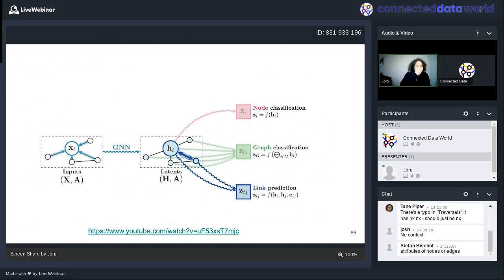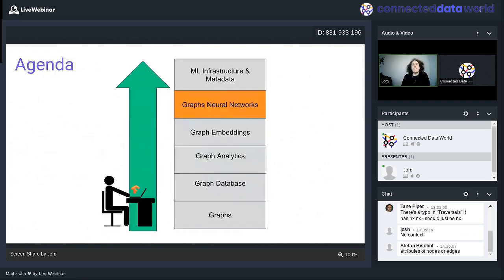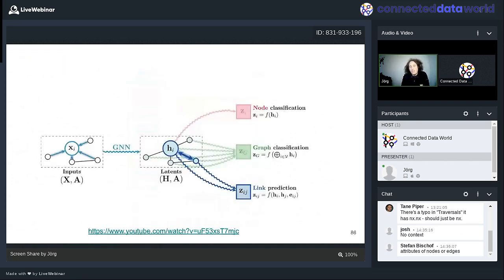Let's talk about graph neural networks. So graph neural networks, in the end, are also used for creating some kind of representation. The cool thing is we can treat them in both a supervised or unsupervised setting. In an unsupervised setting, it would just generate our embeddings as such. But we can also have that in a more supervised setting where, for example, we want to use the embeddings for node classification.